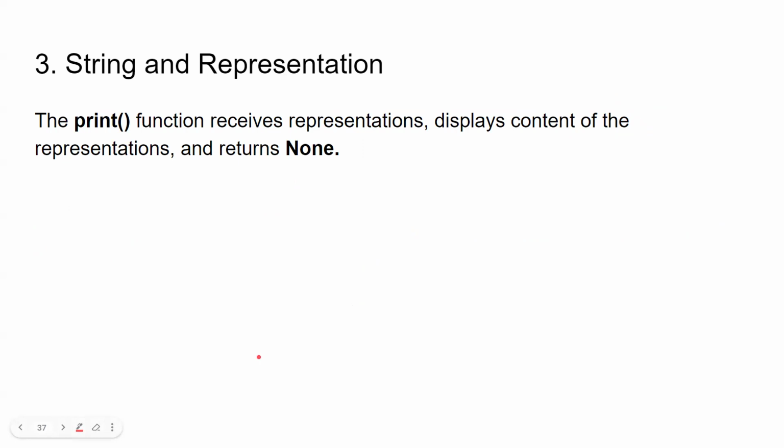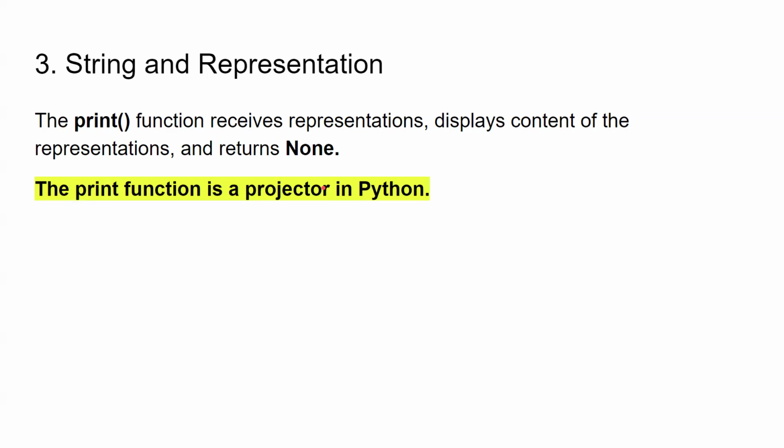So the print function receives representations, displays the content of the representation, and returns None. This is more like a projector. Suppose I have a newspaper or school test paper and I use a projector. It can be projected on the wall, and you will see there's actually no real stuff there.